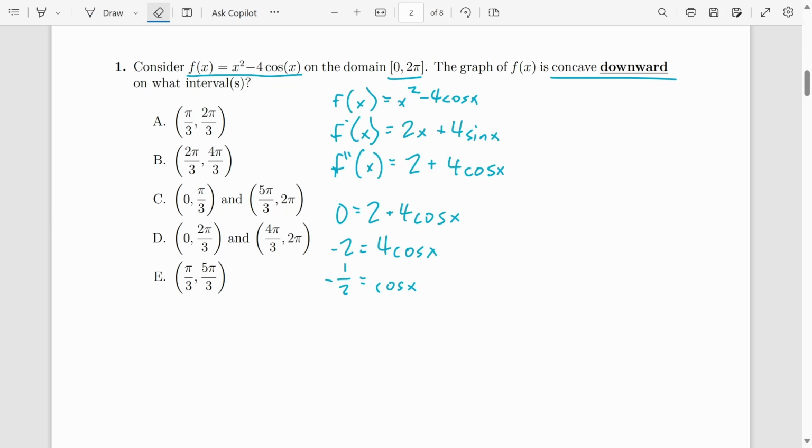But fortunately, this is defined on a restricted domain just from the values when x is between 0 and 2 pi. So we'll only have a couple of solutions. Now, when cosine equals negative 1/2, you could either use the unit circle values table to figure that out, or just kind of do it visually.